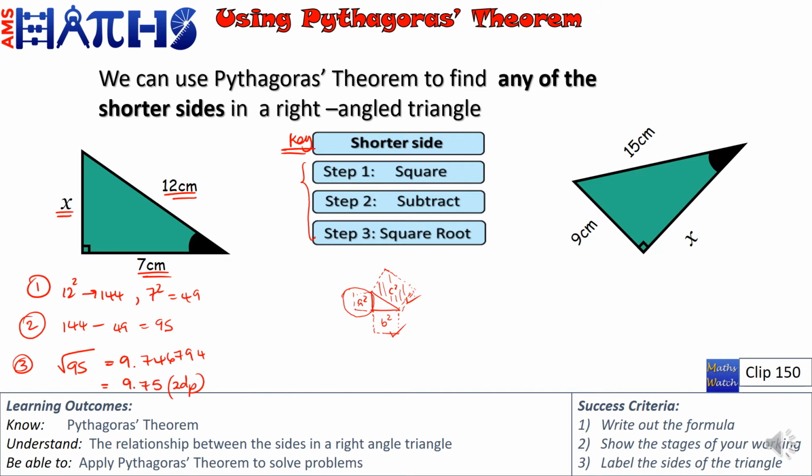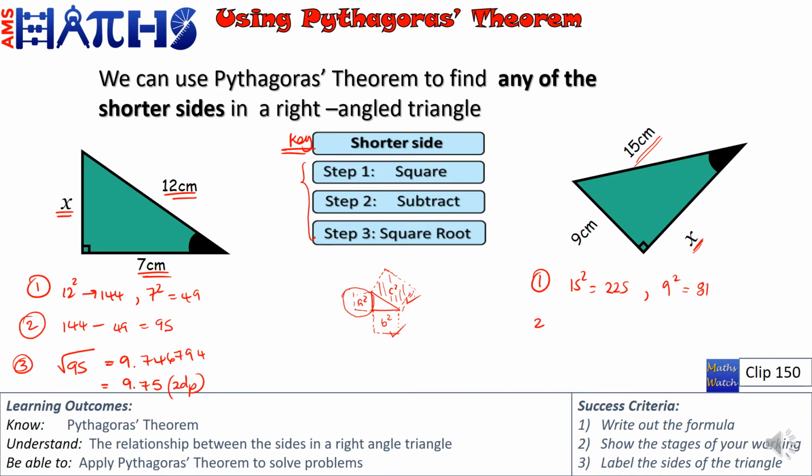So let's look at the second example. We have this short side here, as we can see because 15 is our hypotenuse. So let's follow our steps. We need to square 15, and when we square 15, we get 225. And then we also need to square 9, which gives us 81.